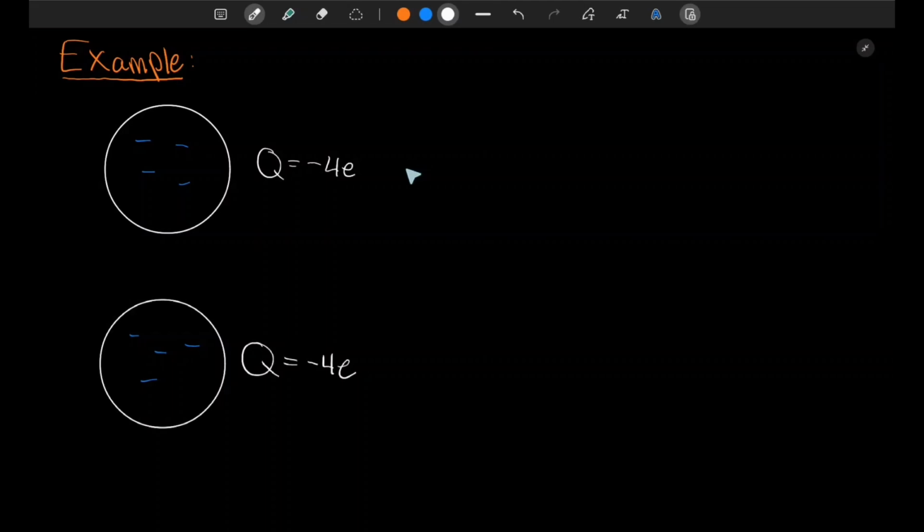If you remember earlier, we saw that if you write this out, this charge is equal to negative 4 times e, and e is 1.6 times 10 to the negative 19 coulombs. Similarly, we have this on the bottom sphere.